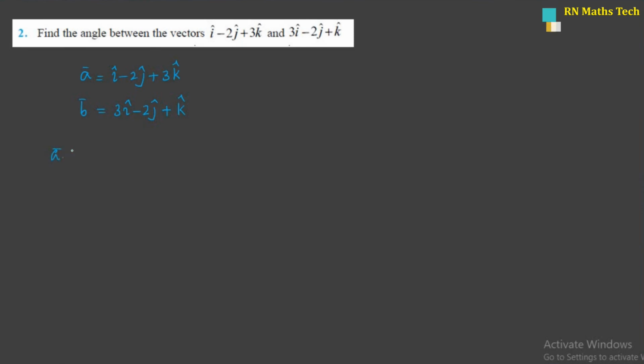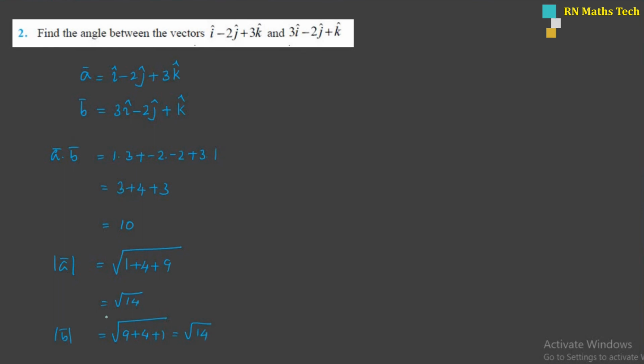A bar dot b bar equal to 1 into 3 plus minus 2 into minus 2 plus 3 into 1, that is 3 plus 4 plus 3, that is equal to 10. Now modulus of a bar is equal to root of 1 plus 4 plus 9, root of 14. Modulus of b bar is equal to root of 9 plus 4 plus 1, root of 14.